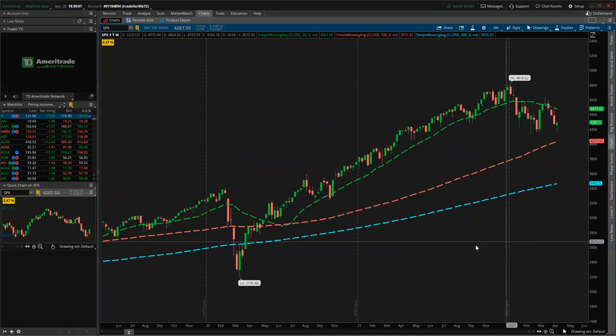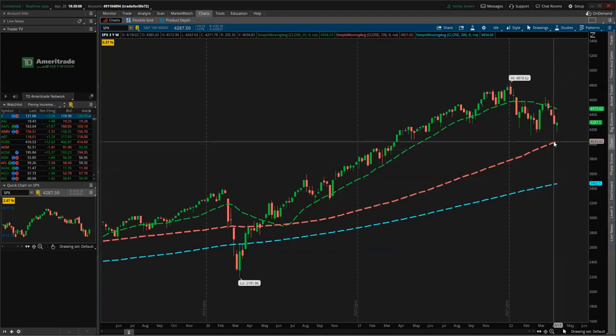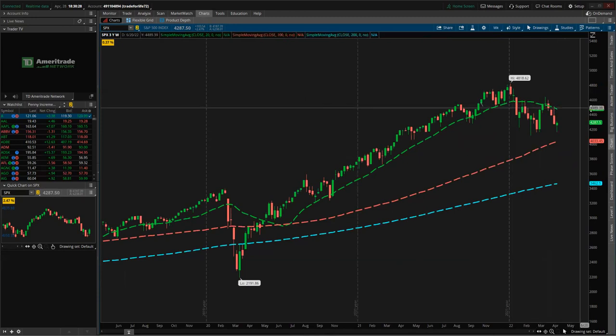On our weekly, what did we say the 100 is? This 20 moving average is the 100 on the other side.